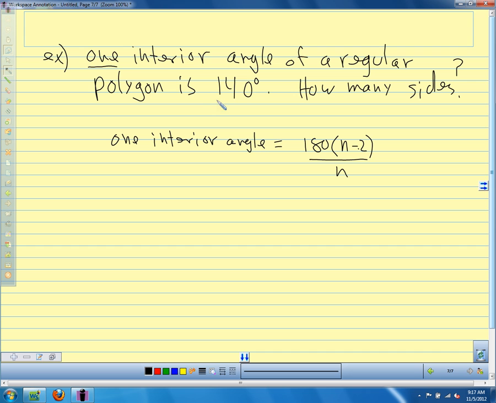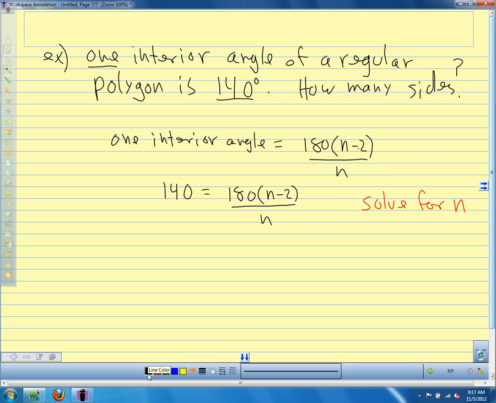Well, one interior angle is 140 degrees. So I'm going to say that 140 equals 180 times n minus 2 divided by n. And our goal here is to solve for n.